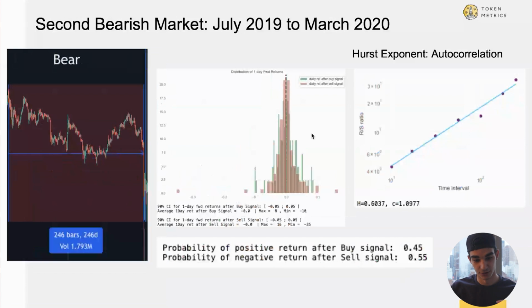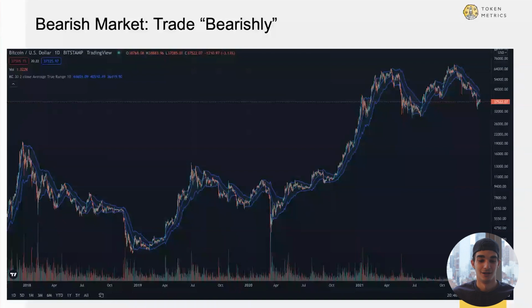And similarly for the other bearish market, from July 2019 to March 2020, also here, like I said, you could have considered it a wide range. So autocorrelation wasn't extremely high, almost random, but still, following yesterday and today, it would have still made good accuracy.